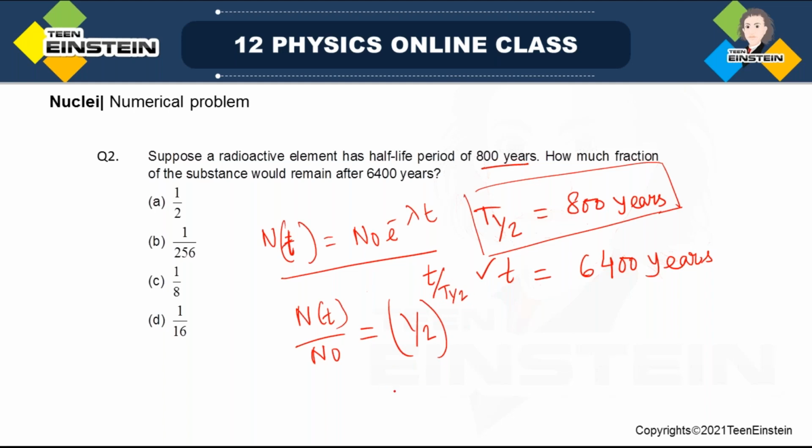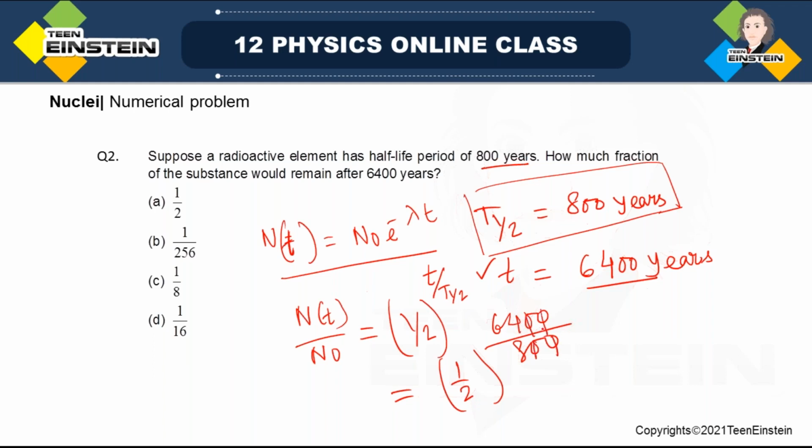So let us see what it is. In this case, the fraction of the substance remaining after 6400 years will be half to the power 6400 divided by 800.